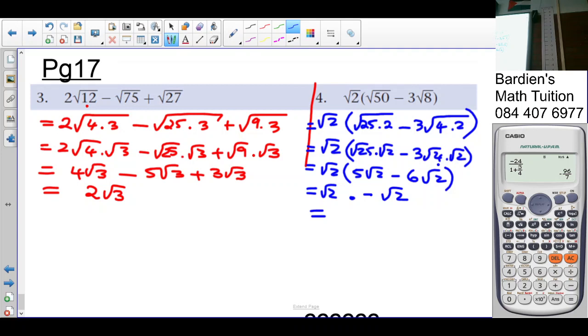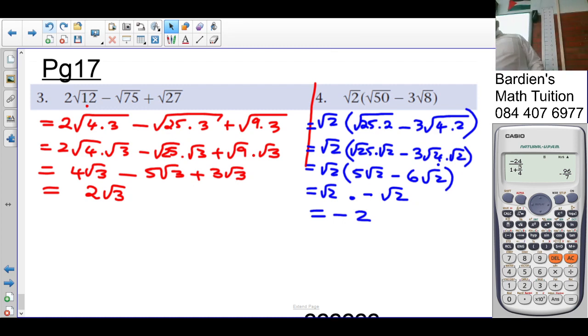There's no number in front of the root 2, so it's a 1 there, and there's no sign, so it's positive 1. So positive times negative. Root 2 times root 2 is 2, or root 4, which is 2. People, any confusion there? You all understand? Okay.